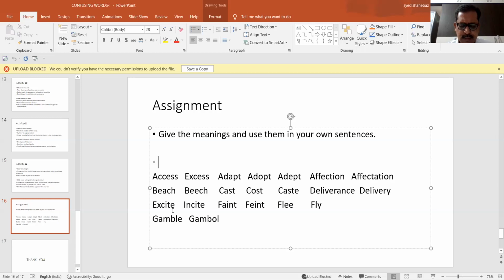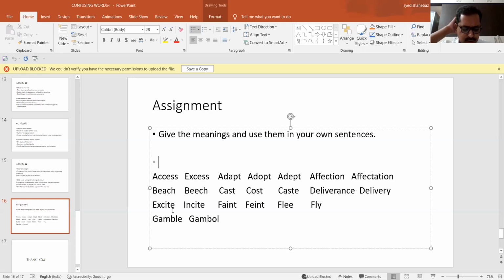Next, flee. FLEE. Flee means run away. Next, fly. Fly means go up in the air. Next, gamble. GAMBLE. Gamble means game of chance.